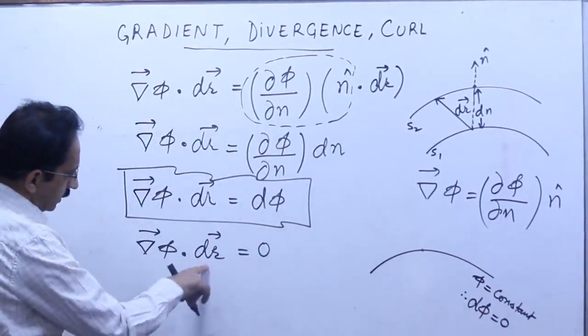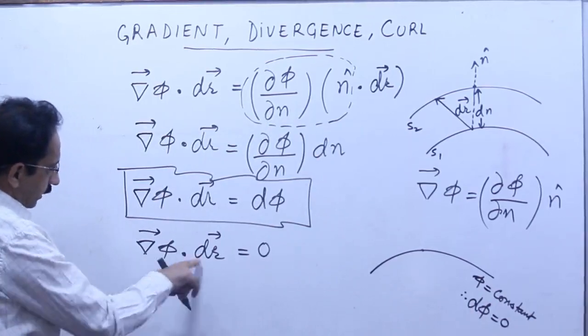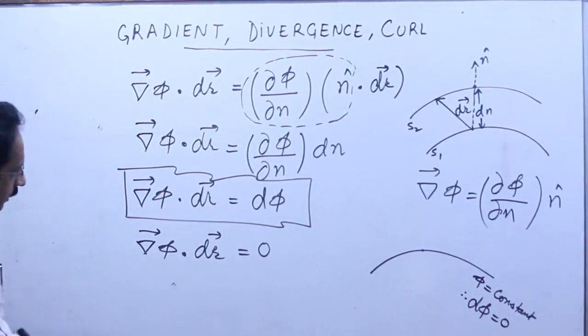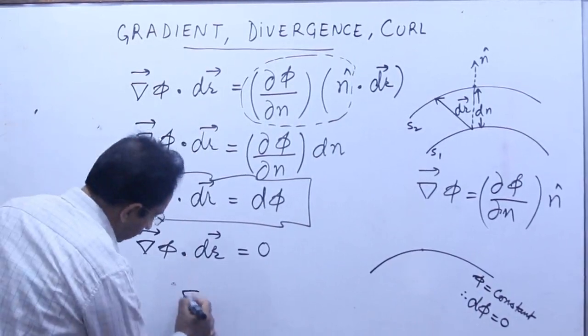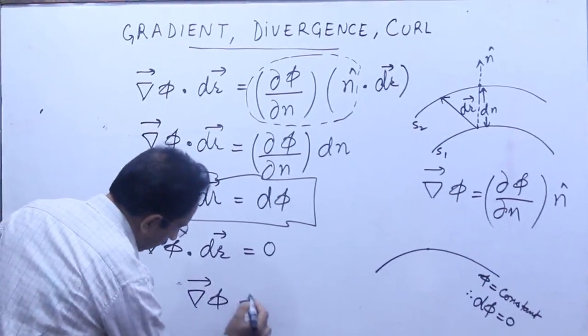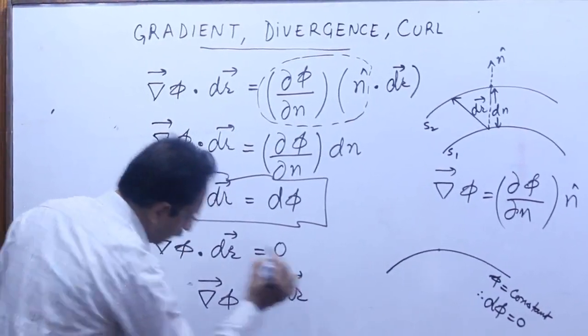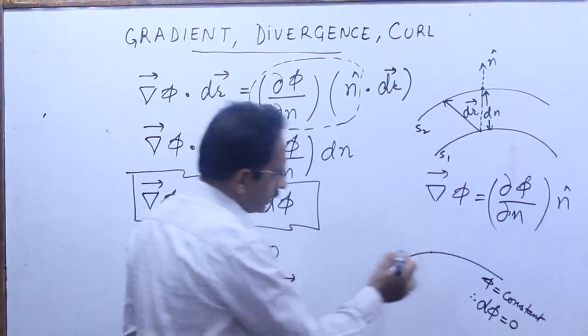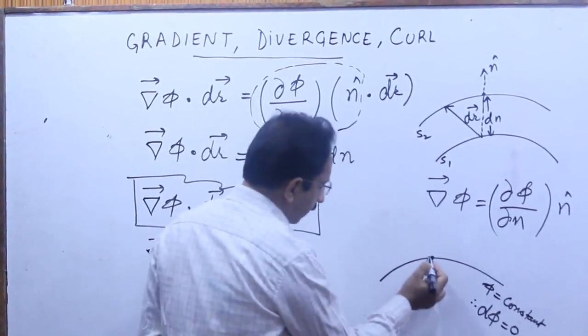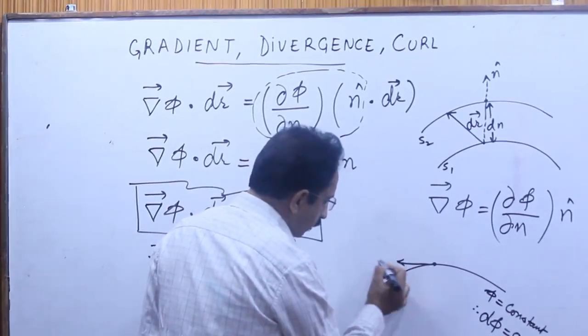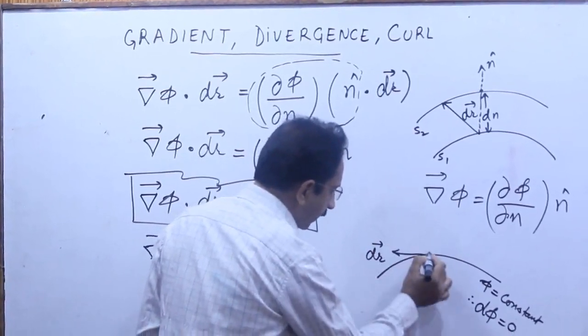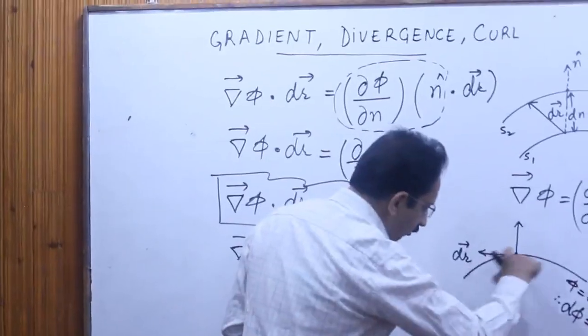Now what does that mean? When we have the dot product of two vectors equal to 0, that means that these two vectors are perpendicular to each other. And if you take this as the point where you have found del phi, the gradient, this would be the direction of dr and this would be perpendicular to the level surface.